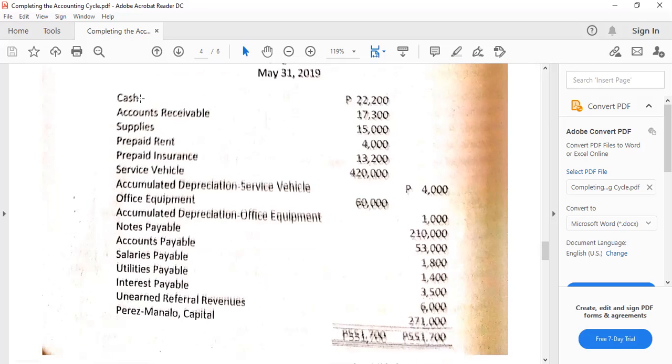Then we have to take note that assets should be on the debit side. Contra assets should be credit. Then liabilities should be on the credit side, and equity. This is not of much trick though, as compared to the trial balance, because for the unadjusted trial balance, of course, there would be expenses, there would be drawing and income.